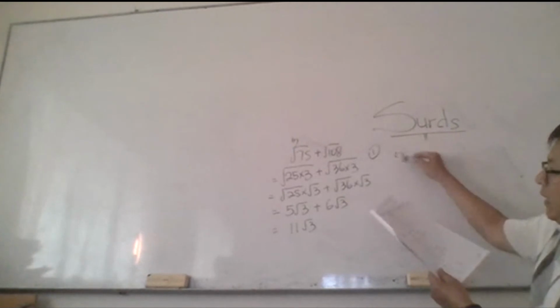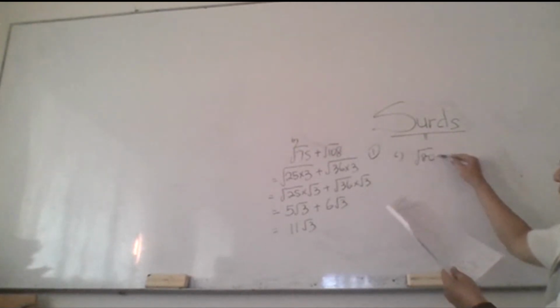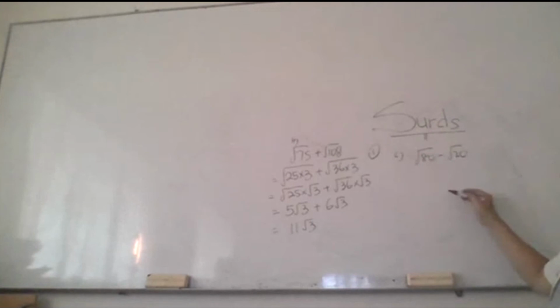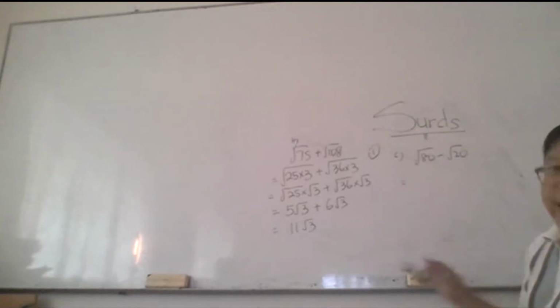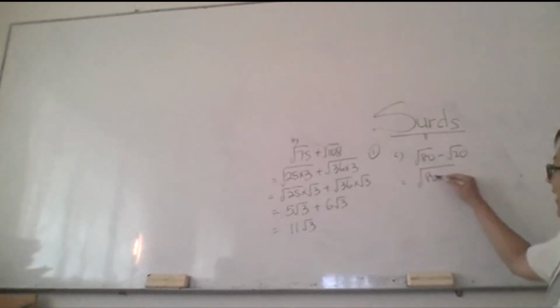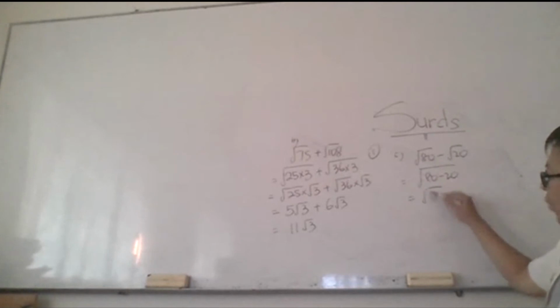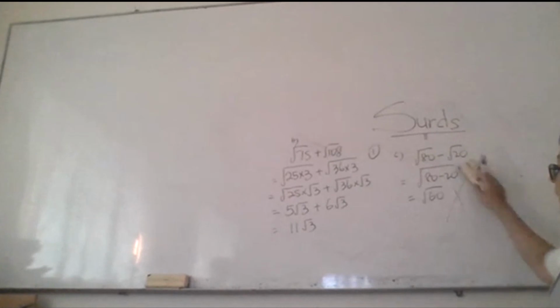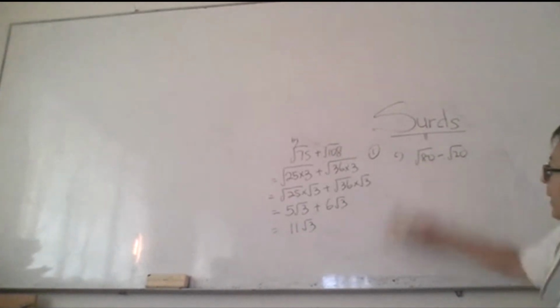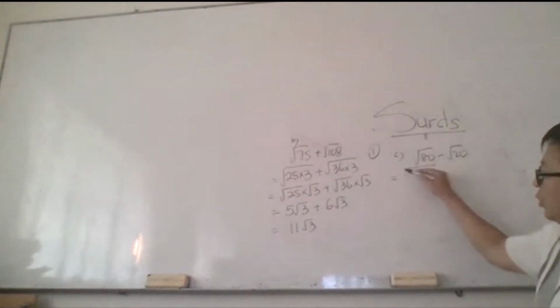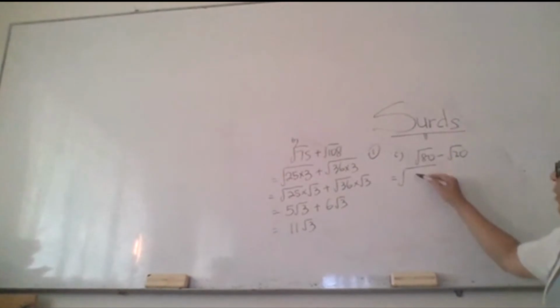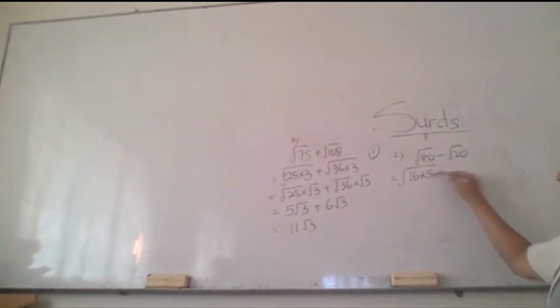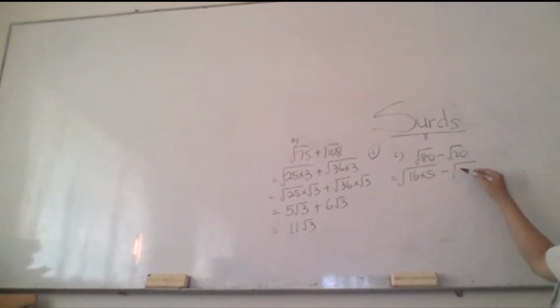For your C, square root of 80 minus square root of 20. Please don't tell me that you are using 80 minus 20 becomes square root of 60. No, this is absolutely wrong. You cannot do that. What you can do is think about a number: 16 times 5, and then 20 will be 4 times 5.